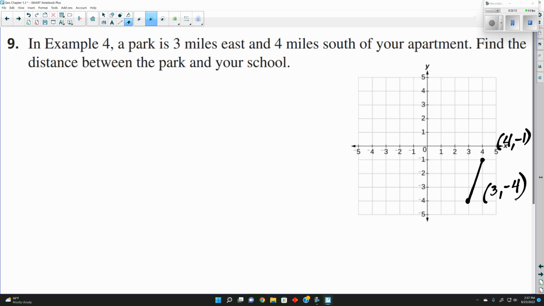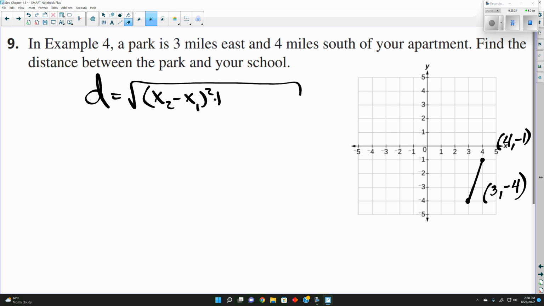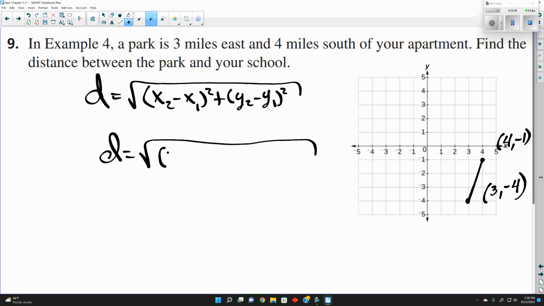And again, to find the distance, we're just using the distance formula. So the main thing with this here, we just need the two x values and we're going to put them together in the same parenthesis.